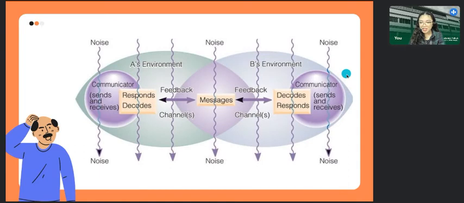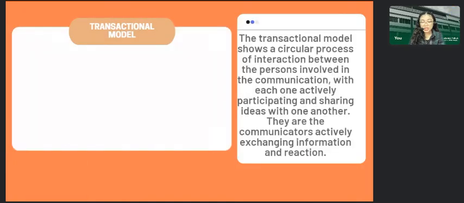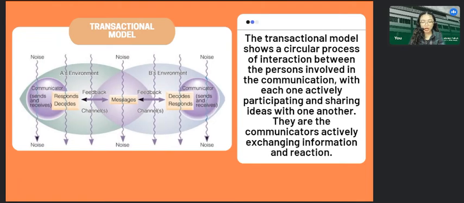Okay, the next model of communication is the transactional model of communication. Okay, in the transactional model of communication, it shows a circular process of communication, of interaction between the persons involved in the communication, with each one actively participating and sharing ideas with one another.